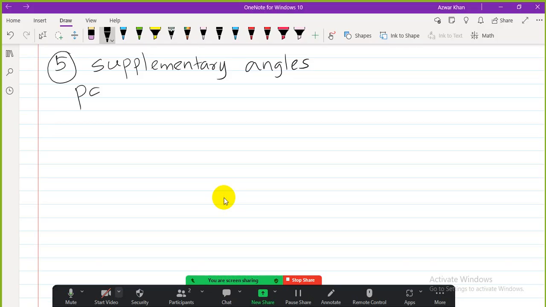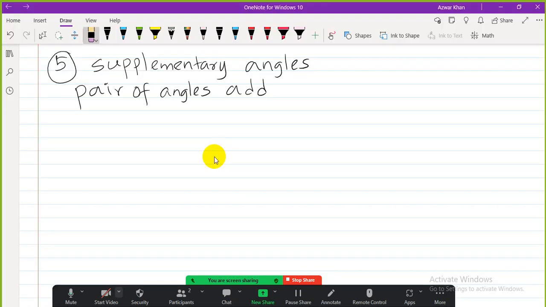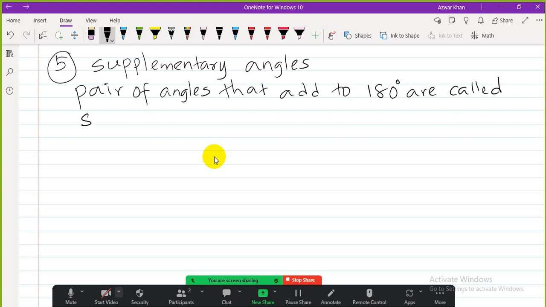A pair of angles that add to 180 degrees are called supplementary angles.